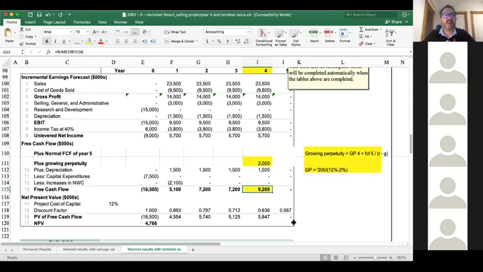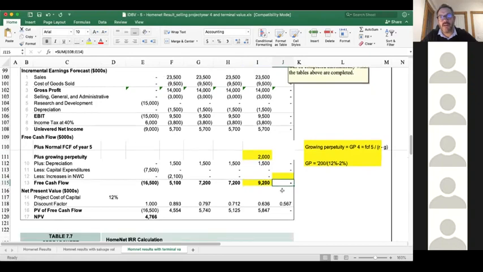And be careful, there is no recovery of the working capital in year 5 anymore, because we consider that the project is continuing till the end of time. So we don't need to consider that we recover the working capital anymore. I just add 2,000 to the last cash flow, and I don't have any cash flow in year 5 anymore.